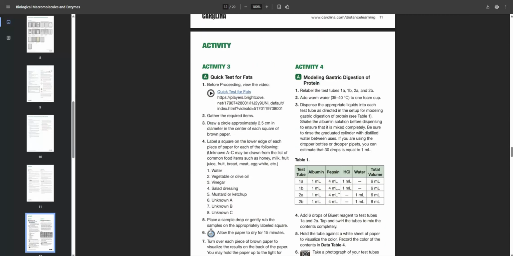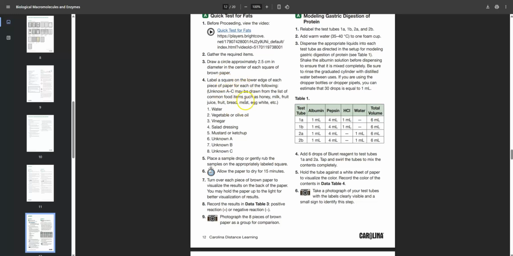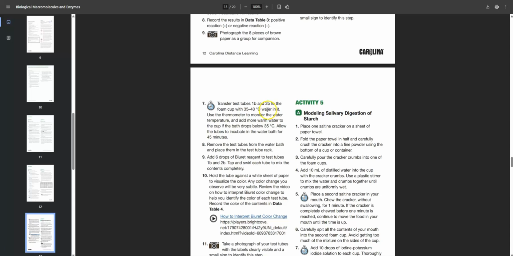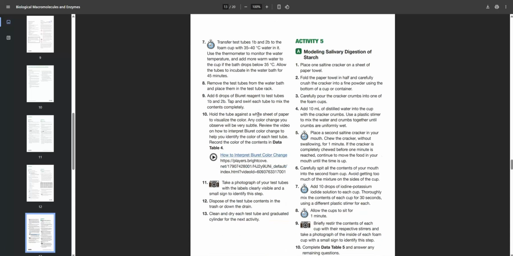And then the same thing with the fats. This one, though, has some specifics that you have to do, versus the unknowns that you've selected. Then activity 4 is going to be looking at digestion of a protein, and that is the one that is going to take some time.